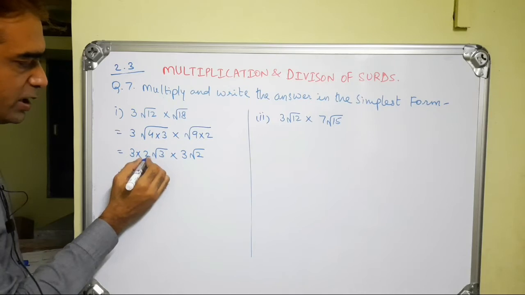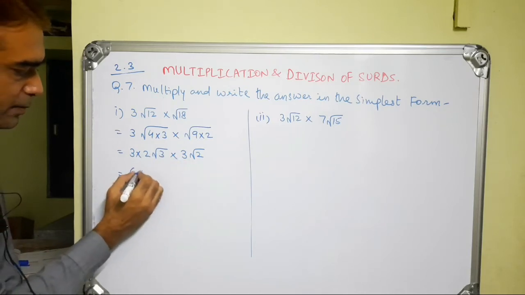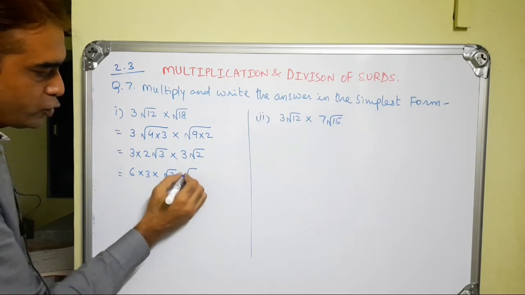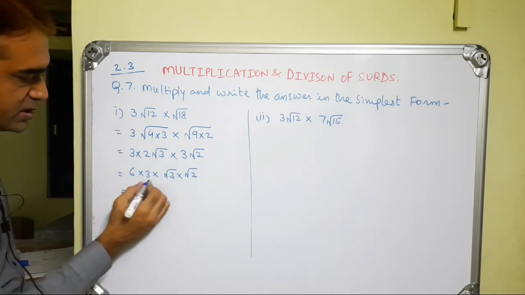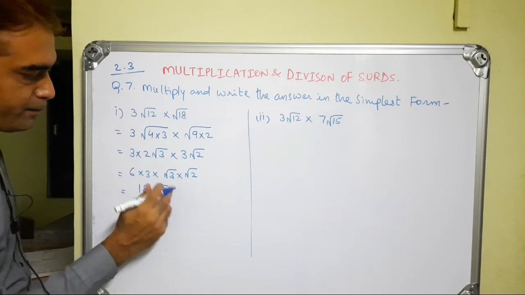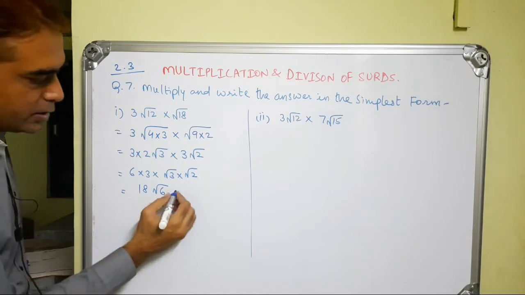So 3 2s are 6, multiplied by 3 into root 3 into root 2. So 6 3s are 18, and this will be root 2 into root 3. This will be square root of 6. This is the answer.